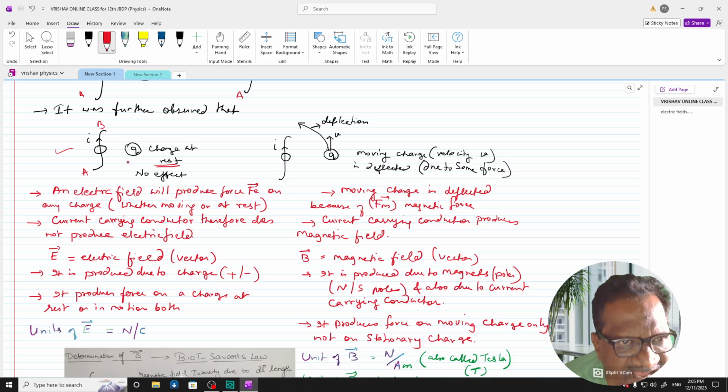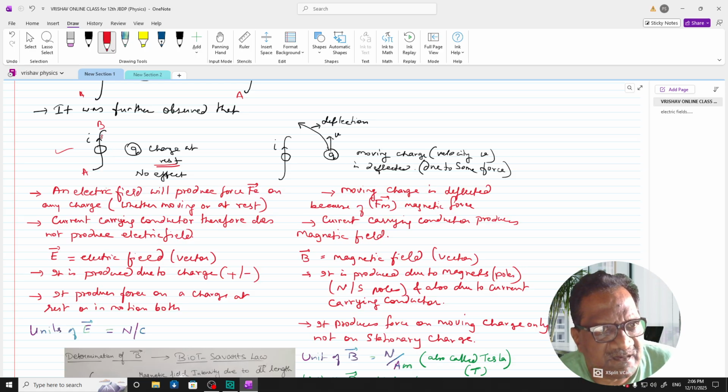This indicates that a current carrying conductor doesn't produce an electric field. I have written over here that an electric field will produce a force Fe on any charge, whether moving or at rest. Now this we have studied in the previous chapter connected to the electric field.